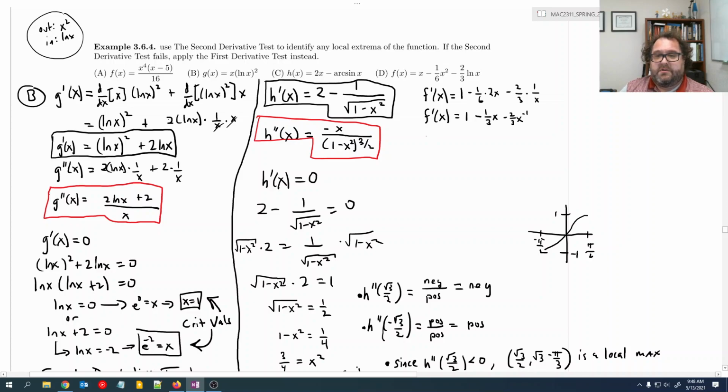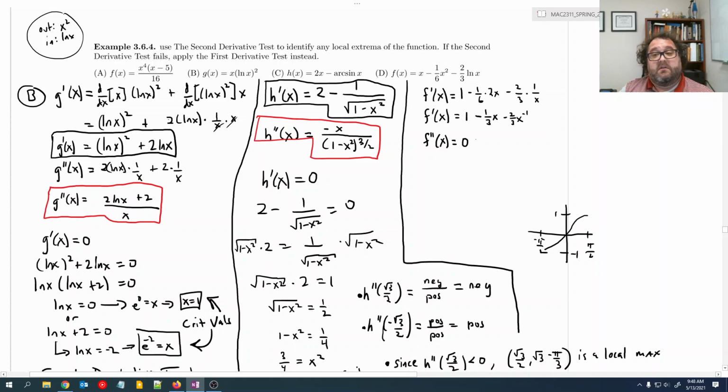Okay, so now we're going to do f double prime. F double prime of x. Okay, again we're going to use the sum difference rule and the constant multiple rule. So the derivative of the first term, 1, is 0. It's a constant, so we have 0.